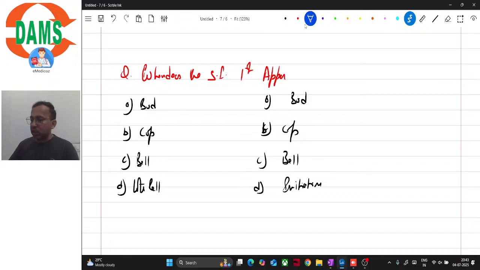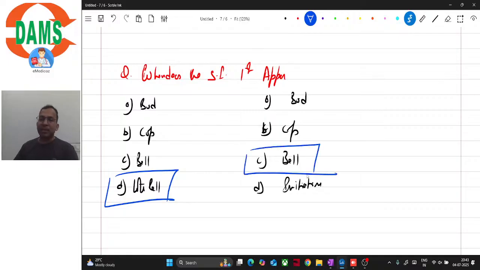Then what will you choose? In the first set, we'll go with late bell. It is more specific. In the second set, we will just go with bell stage, because initiation is incorrect, cap and bud are definitely incorrect, bell is partially correct. So option C is the best option, right?